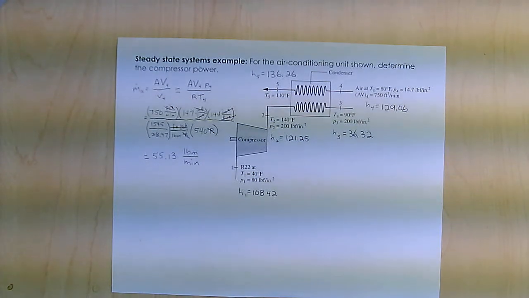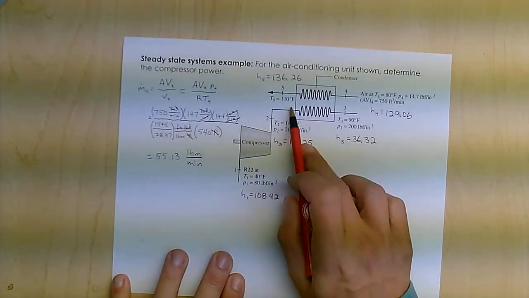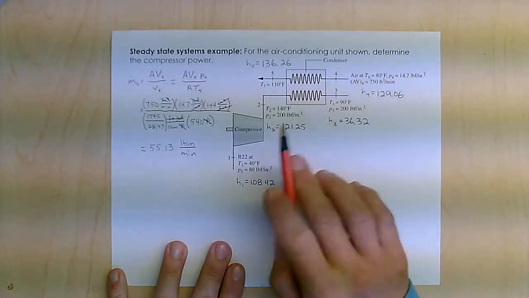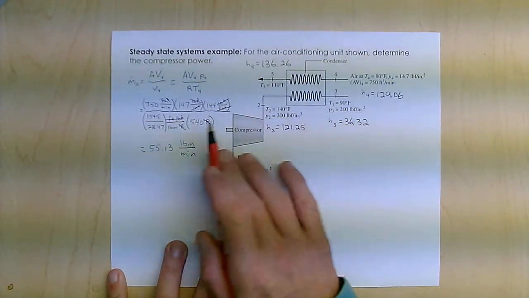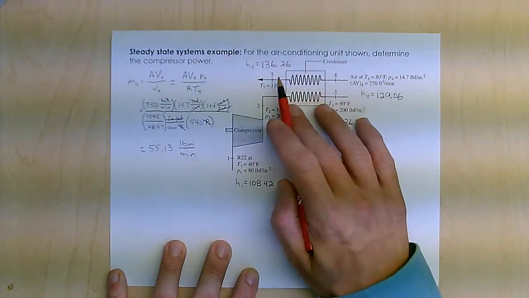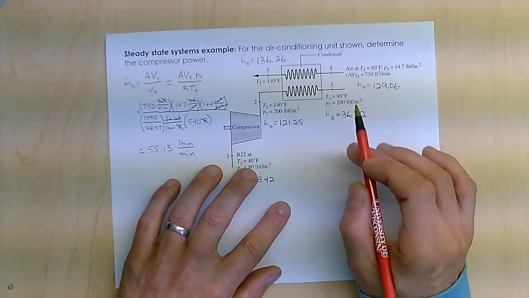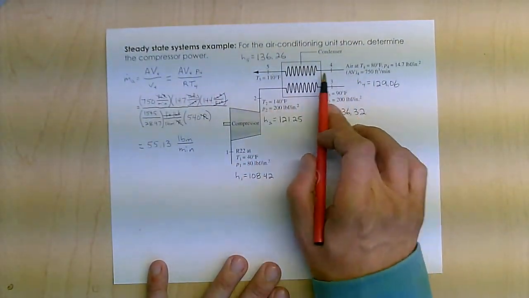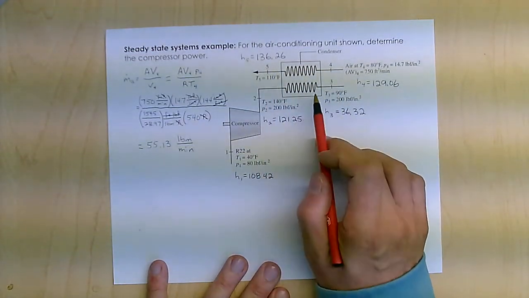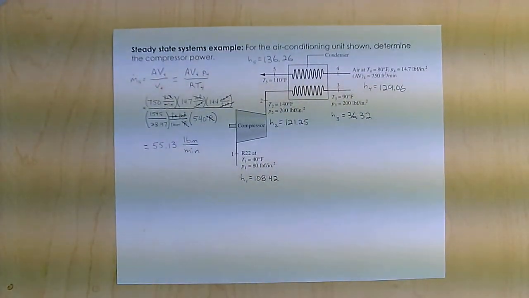Okay. Now, I need to know the mass flow rate of the refrigerant. Now I can use this heat exchanger. Basically, the change delta H45 equals delta H23, right?